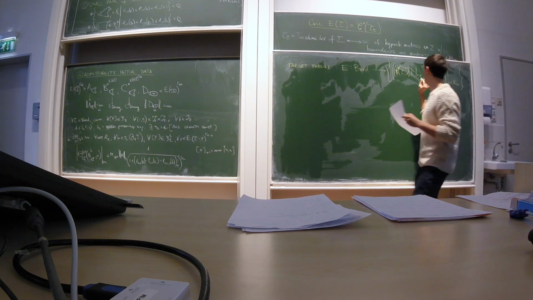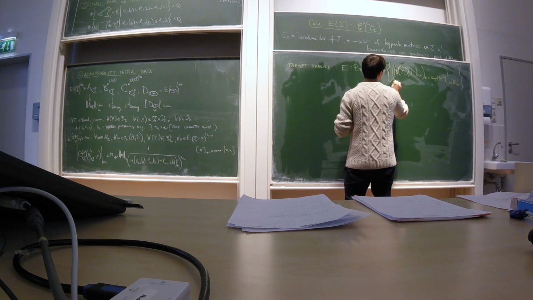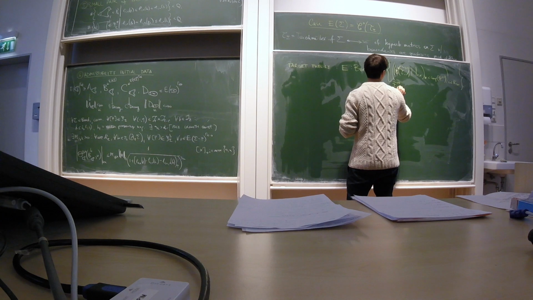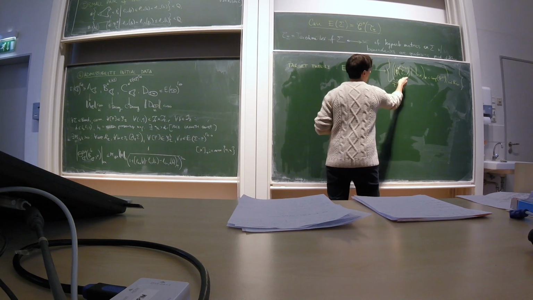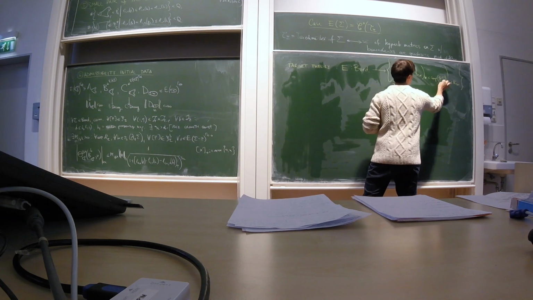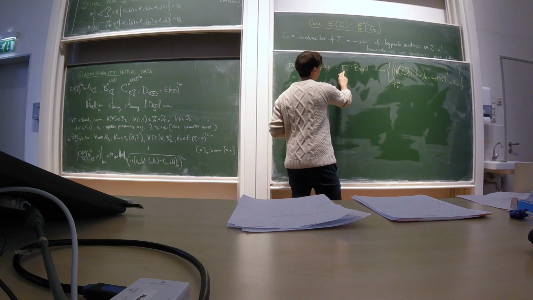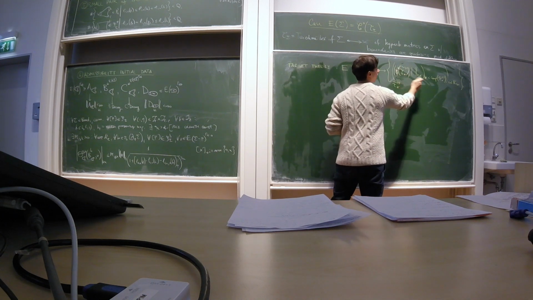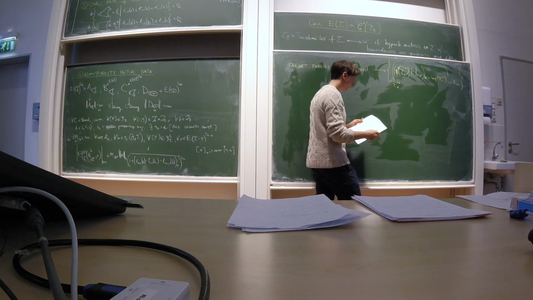So, okay, let me define the relevant one. T tilde of epsilon of sigma. When I use this bullet as before, it means that every time you evaluate A in sigma, sigma will come here.